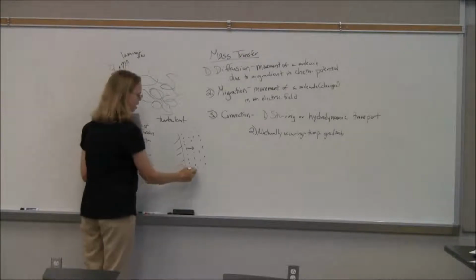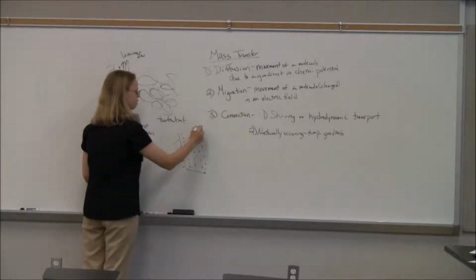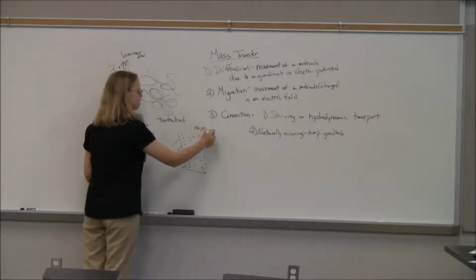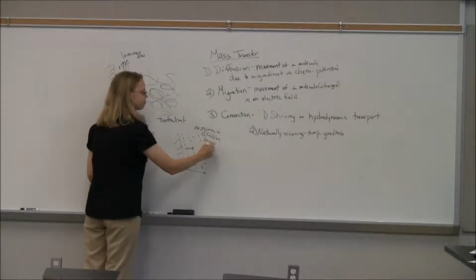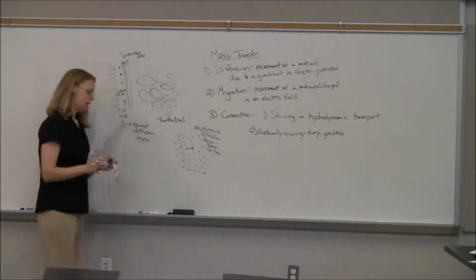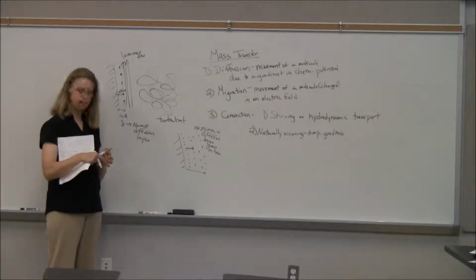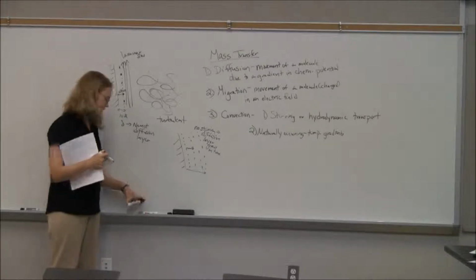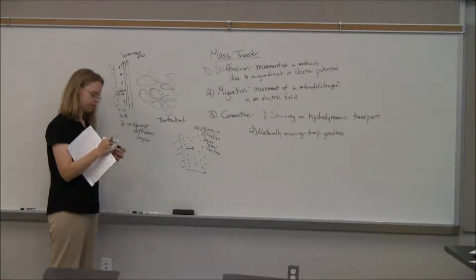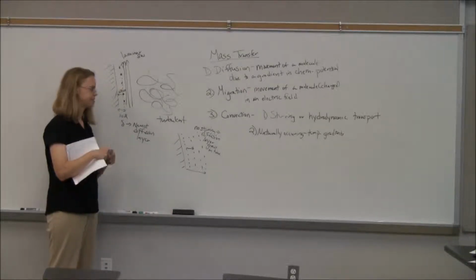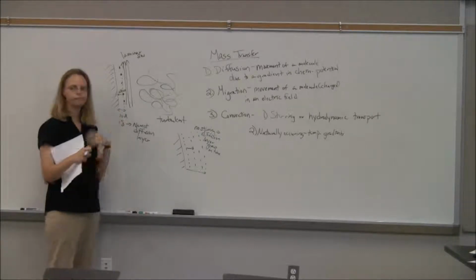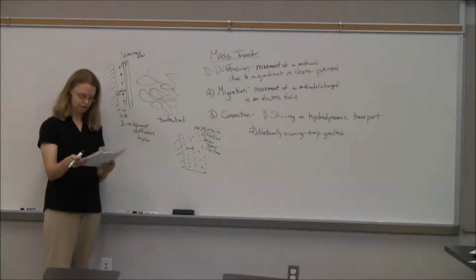So this diffusion layer, with no stirring, grows in time. That's important because we'll see this come up in some of the equations. That's why I always end up showing this diagram, because it shows you where the delta comes from that comes back in some of the equations.